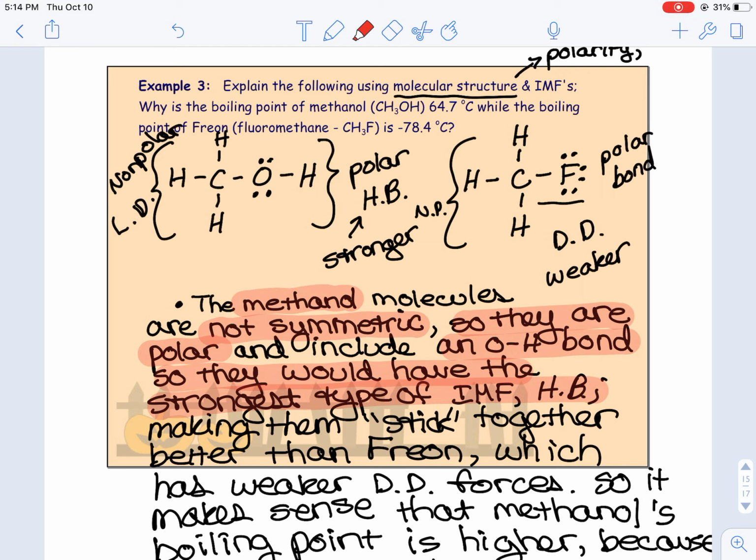And then Freon, I forgot to mention to write in the structure part.